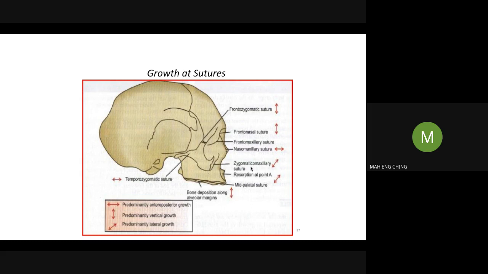Then some will go in a lateral manner, the zygomaticomaxillary suture. This one will push the bone in a lateral manner. That's how the skull will grow in three dimensions. So some will grow vertically, some horizontally, anterior-posterior, and some laterally, mesial-distal.